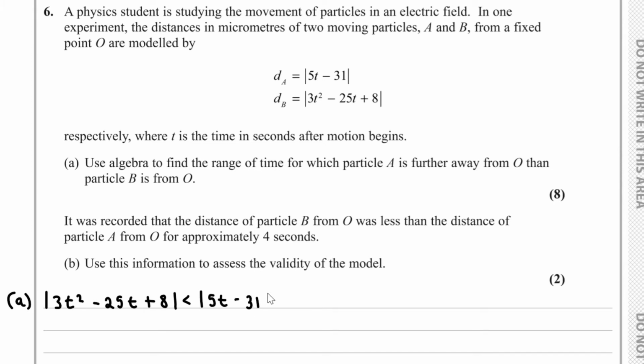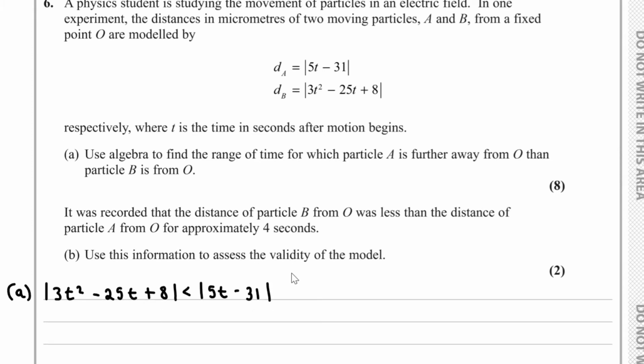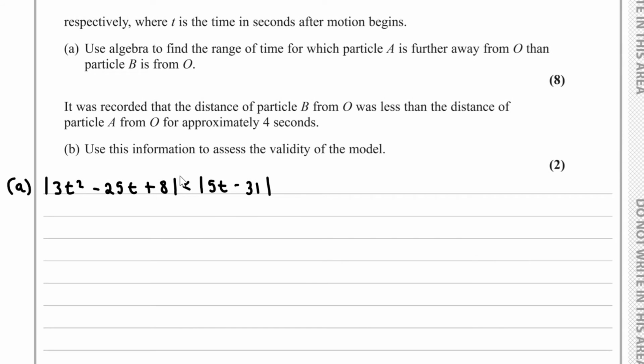minus 31. And what we can do before we move on to anything else is find out the critical values and then sketch a graph, and from that we can find the solution to this inequality. So first of all, we can replace the modular sign with an equal sign to help us find the critical values.